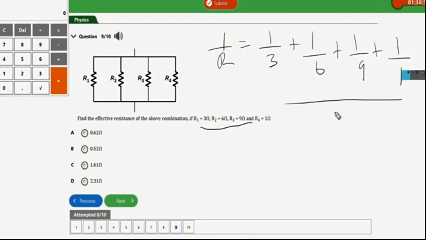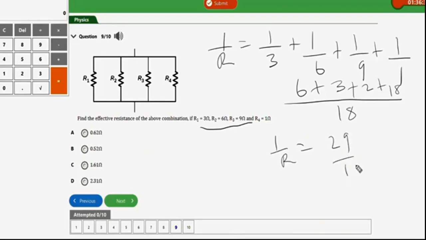So the LCM here will be 18. 18 divided by 3 we have 6, so 6 times 1 is 6, plus 18 divided by 6 we have 3, 18 divided by 9 is 2, 18 divided by 1 is 18. So we have 1 over R equals, when you sum the numerators, 29 over 18.